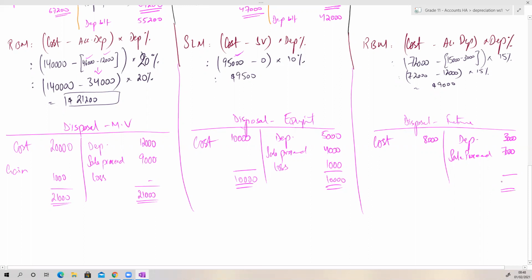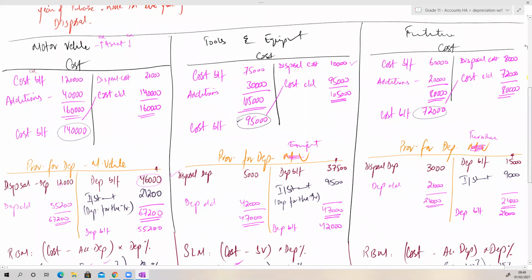So 7 plus 3, this is 10. 10 minus 8 is gain 2,000. ठीक है. So these were the disposal accounts of this particular question.